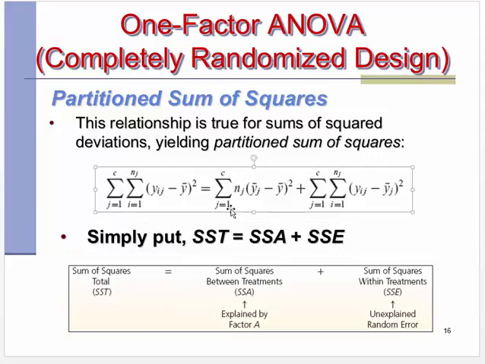SSA is the sum of squares between treatments, the part explained by factor A. And this part is sum of squares error, the sum of squares within treatments, SSE, which is unexplained and due to random error. That's for ANOVA.